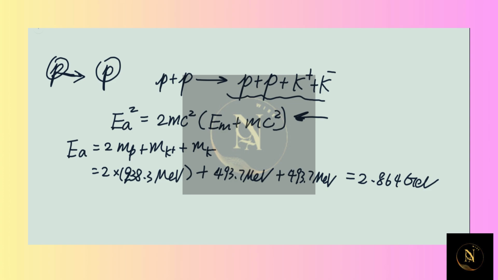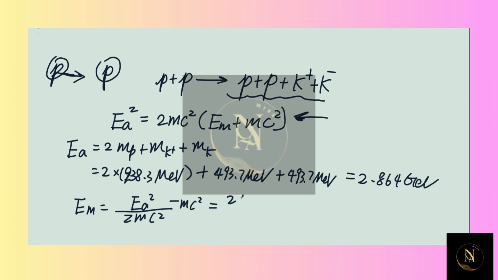So now let's go back and look at this equation. We want to solve the energy formula for Em. Using this, we will have Em equals EA squared over 2 m c squared, minus m c squared.